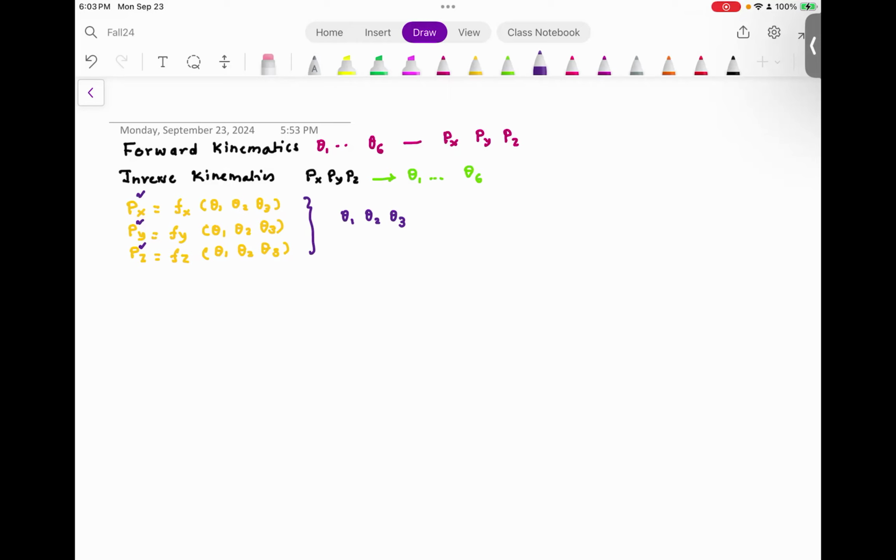If you have a gimbal lock, this problem cannot be solved, which means if you look at the spherical wrist problem, I want you to try this spherical wrist and try theta 1 equal to 30 degrees, theta 2 equal to 90 degrees, and theta 3 equal to 45 degrees, and find out px, py, and pz. So this is the forward kinematics.